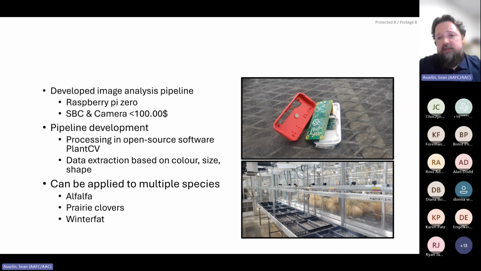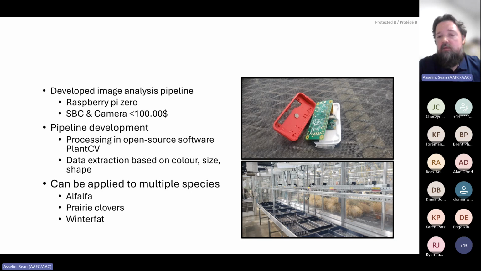What we've done here in Swift Current is purchase low-cost Raspberry Pi Zero microcomputers, as well as 10 megapixel camera add-ons. They cost about $100 per unit, and we've set up greenhouse benches here that image plants on a regular basis.